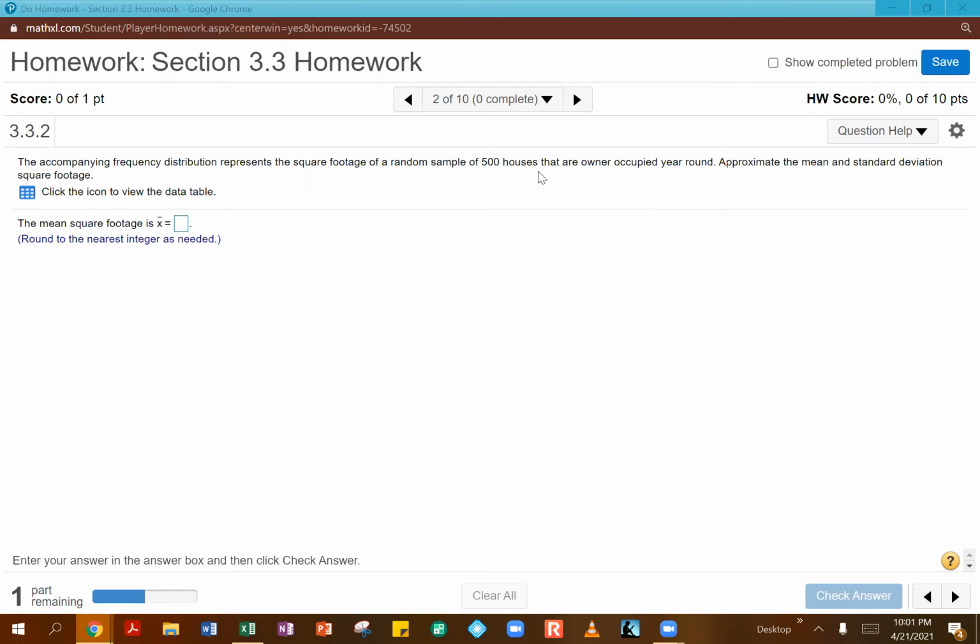These are the original categories. When you are calculating the midpoint, we add 2 consecutive lower class limits. So you're adding the 0 with the 500, and then you divide that by 2, and that's going to give you the midpoint.